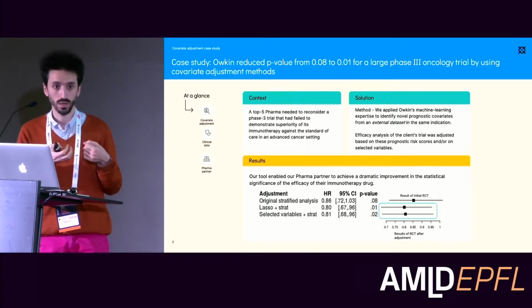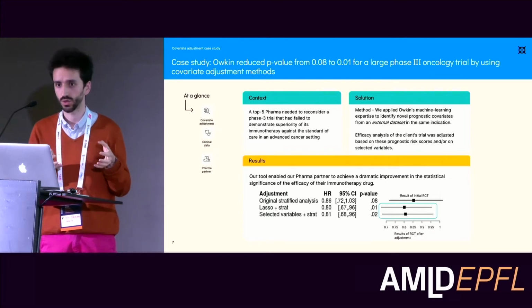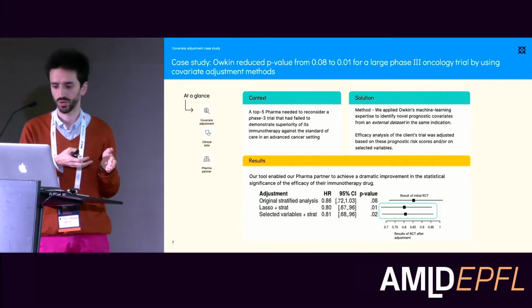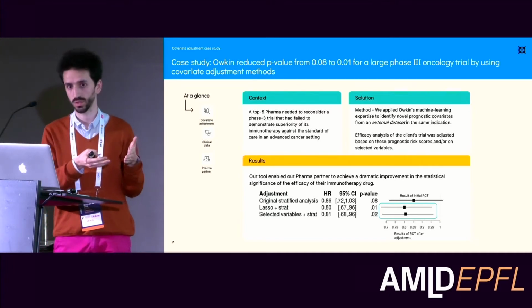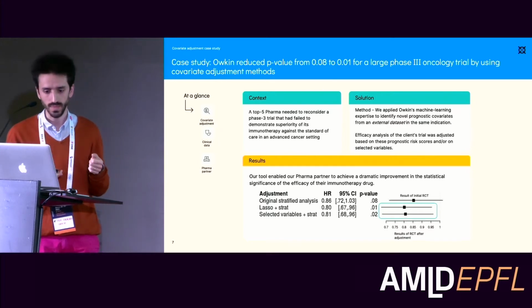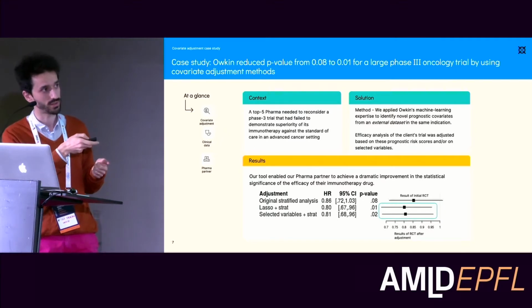We had a clinical trial on the same indication, so we trained prognostic models on that external data set, and then we applied the models to the client's trial. Here you see the original stratified analysis that they did. That had a p-value of 0.08, so that's always sad to hear.